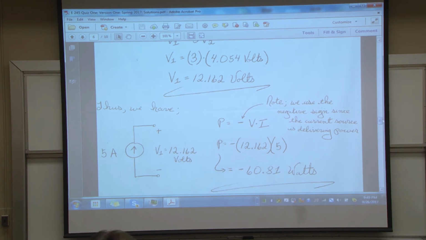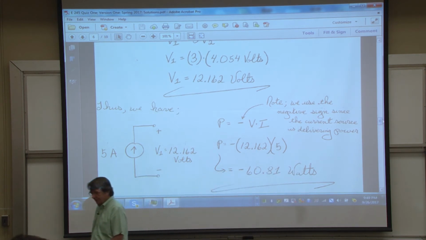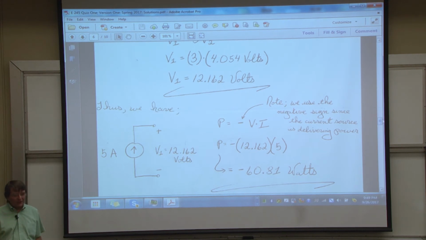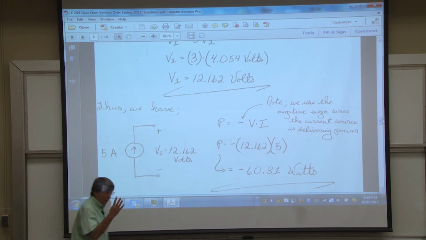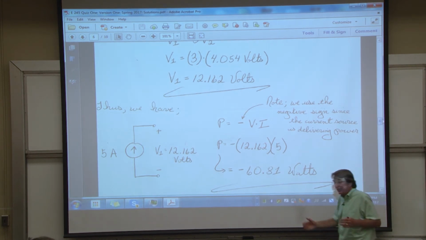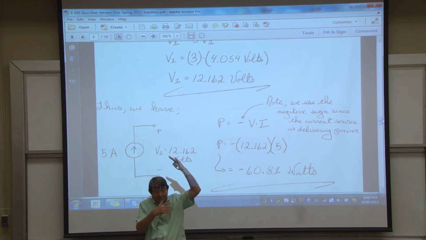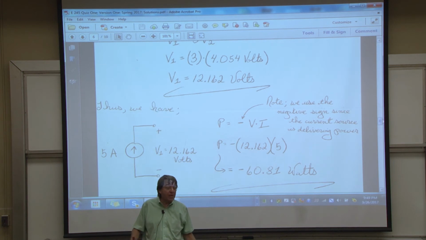Problem 3. Now, before we even look at problem 3, I've given you mesh, outside fastball. I've given you nodal, up high. What's coming next? Thevenin or amplifier. Those are the 4 topics. I can ask you anything, and I don't want to limit myself to these 4, but these 4 are pretty important.